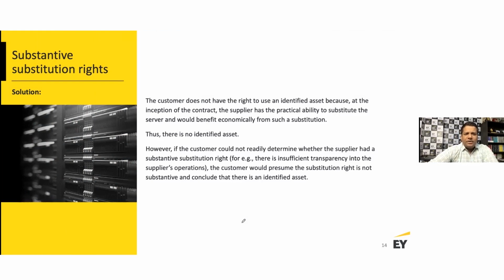However, if the customer could not readily determine whether the supplier had a substantive substitution right, the customer would presume the substitution right is not substantive and conclude that there is an identified asset. So if I can't do this evaluation, then I will conclude that there is an identified asset. But since in the given fact pattern there's enough information, it is appropriate to conclude that there is a substantive substitution right.